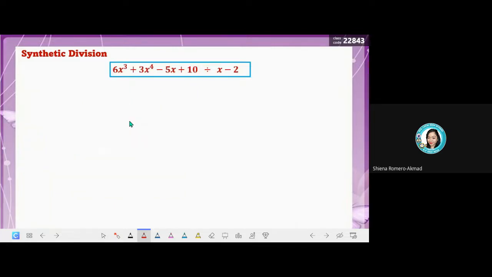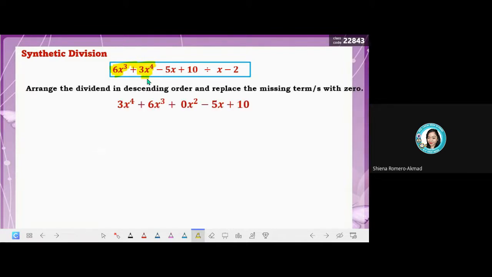Next, as you can see, ito yung ginamit natin kaninang example. So, hindi naka-arrange yung mga terms. Kaya ang ginawa natin, pansinin nyo, hindi naka-arrange yung mga terms. Nauna yung x cubed bago yung x raised to 4. So, pag in-arrange natin siya, ganito yung itsura niya. Dapat mauna si 3x raised to 4 kasi siya yung may pinakamataas na exponent.